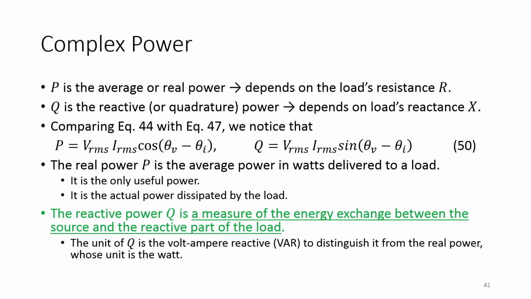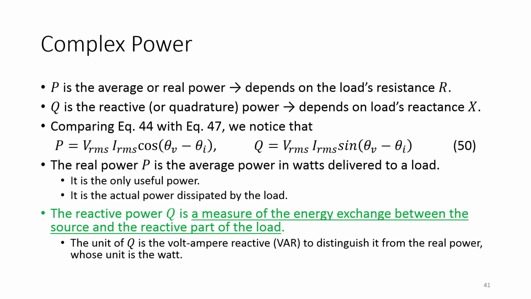However, the problem is that we will observe higher line flows in case of the reactive part of the power. So although the reactive power comes back to the source, it increases the line flows, and to avoid this, the power companies provide us with a certain limit of the power factor.